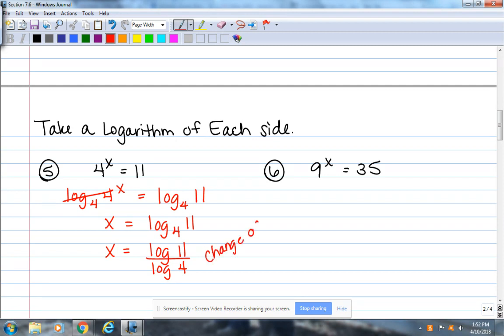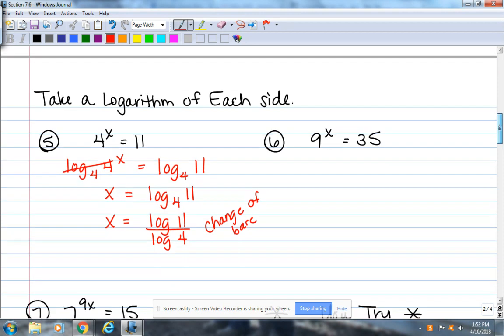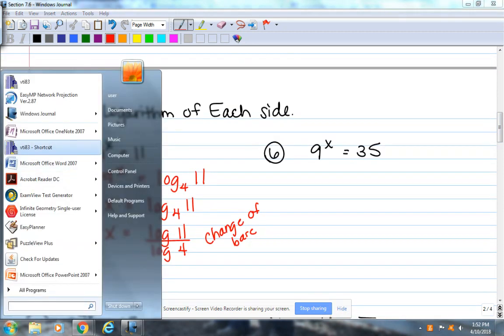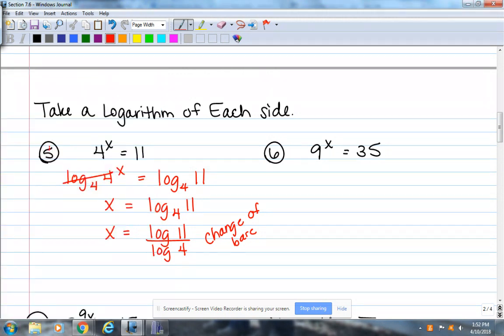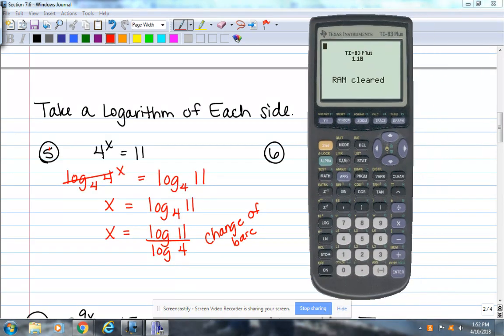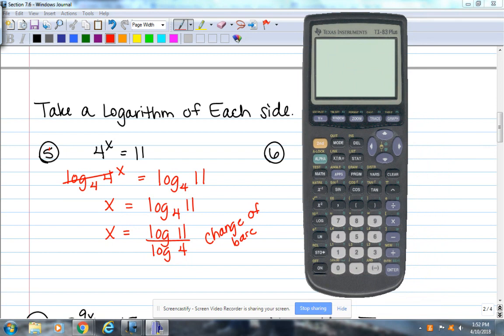Change of base. So you do log, and this is base 10. So we're going to type that straight in our calculator. Give me a second while I get my calculator, please. Okay, there it is. So I'm going to type it in my calculator.